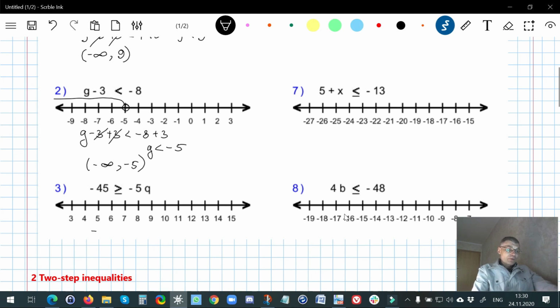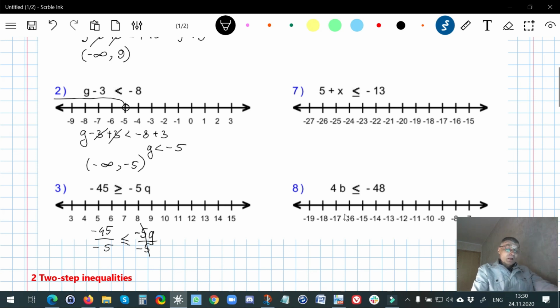So negative 45 over negative 5, and I change the sign because I've just divided by a negative number. Negative 5 cancels, of course.